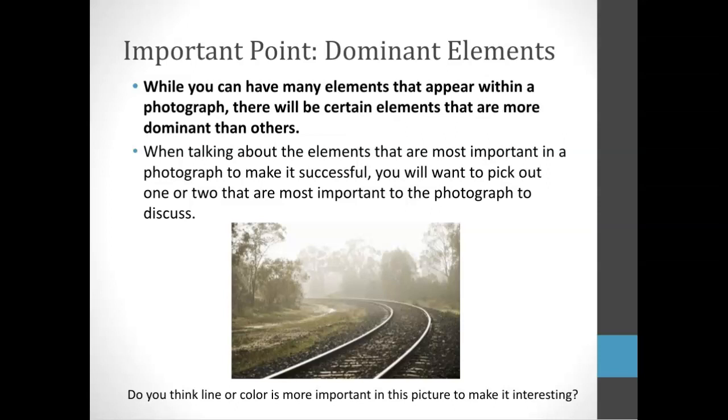So some people may think that the color of this photograph down here, how it's all kind of on a muted green tone and has a different value, maybe that's the most interesting thing to you when you're looking at it. Some of you might think line is really interesting because your eyes are moving along with the railroad tracks. So again, each of you can see things differently, and that's great.